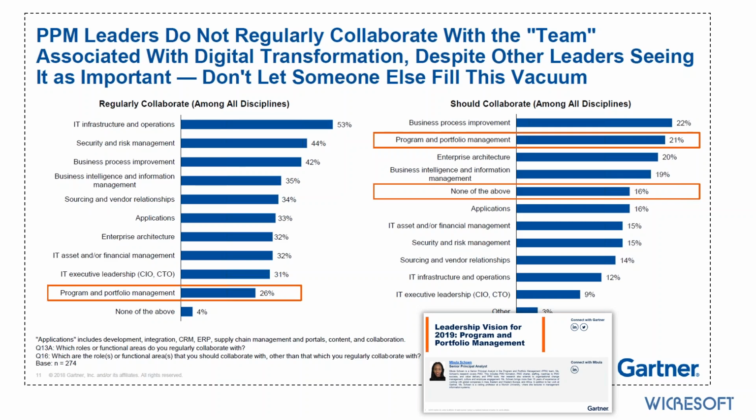However, when asked, who do you think you should be collaborating with for digital transformation, program and portfolio management was at the top of the list. So there's this big gap and disparity there. And to some extent, that's a call to action and slightly alarming. But at the same time, it's a great opportunity, and it's one that can be addressed with resource management and thinking about skills.